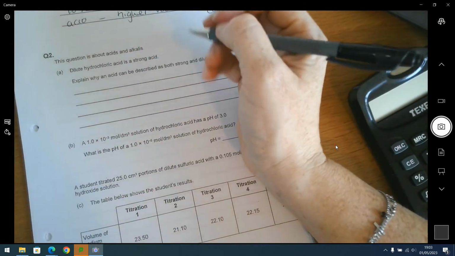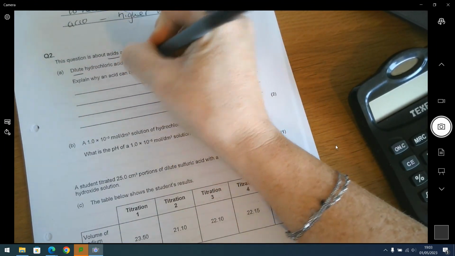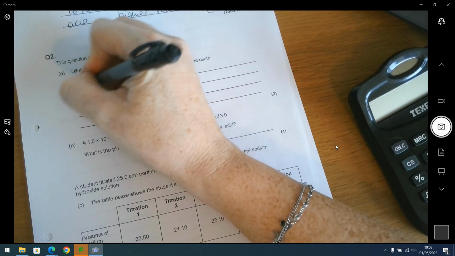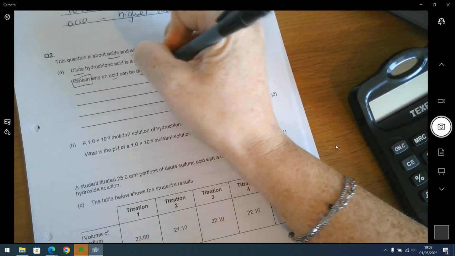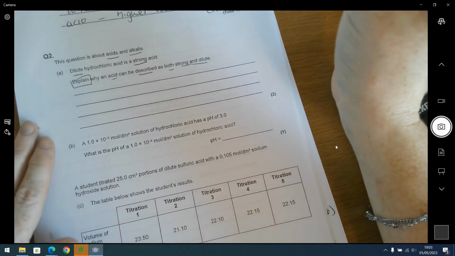So this question is about acids and alkalis. A dilute hydrochloric acid is a strong acid. Explain why an acid can be described as both strong and dilute. There's that question I talked about.